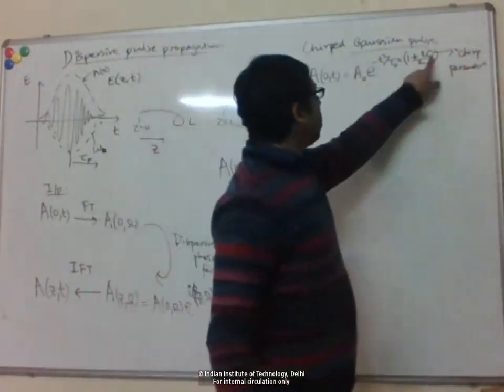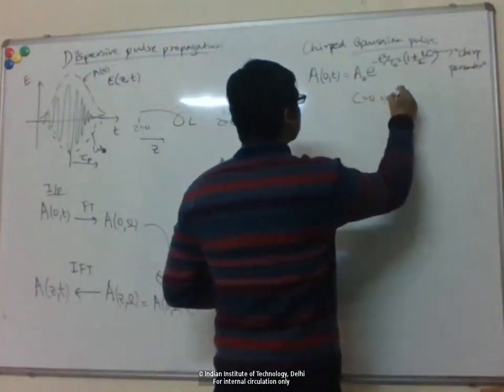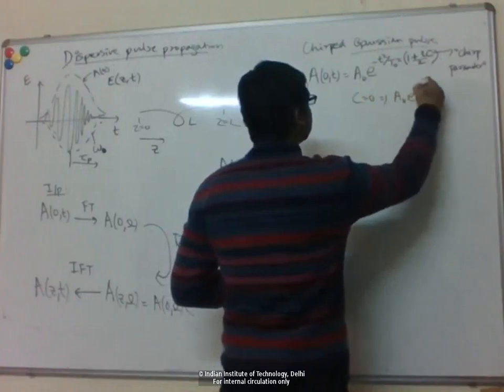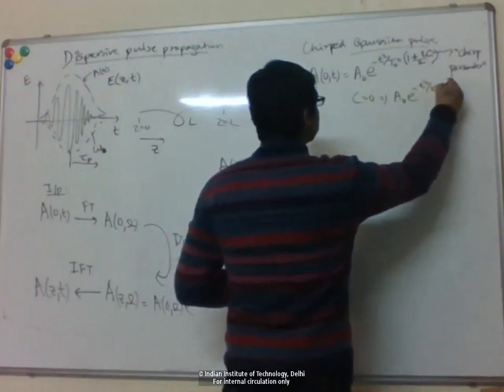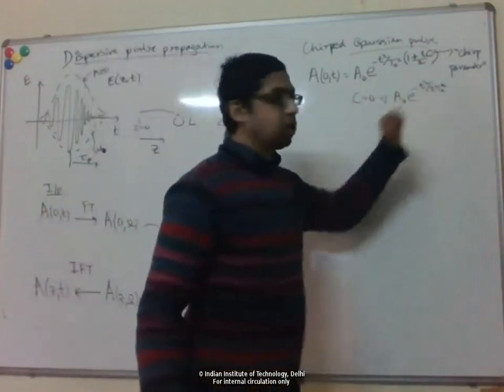If this capital C is 0, you can see that this just looks like a simple Gaussian pulse with half width T naught.